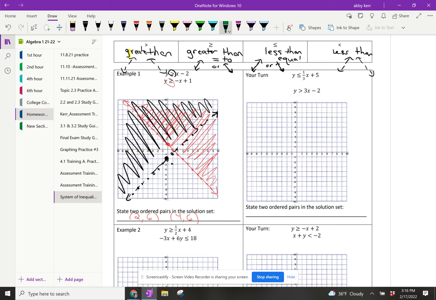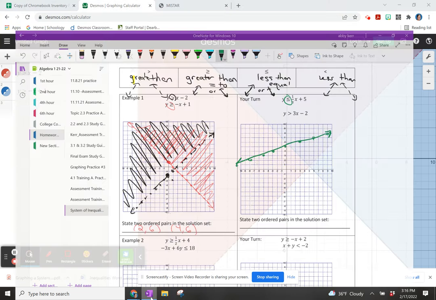Going to begin at +5. Go up 1, right 3. Down and to the left. Notice I see a line, so I'm going to draw a line. Of course, yours is going to be straighter than mine.